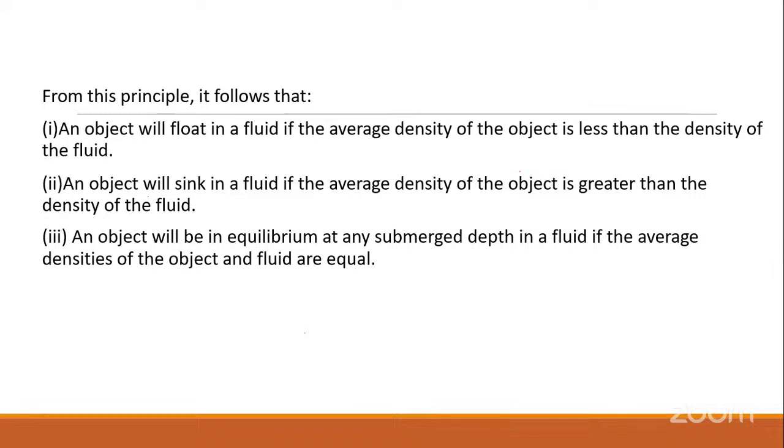And then point 3, where object density is equal to the fluid density. In that case, the object will submerge to an extent. Part of the object will be at the surface, part of the object will be in the water.